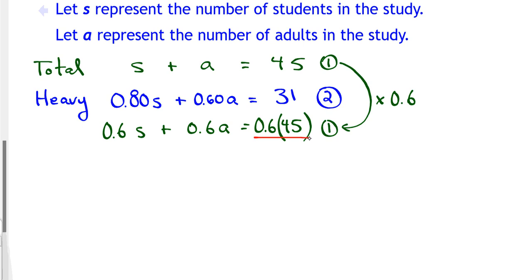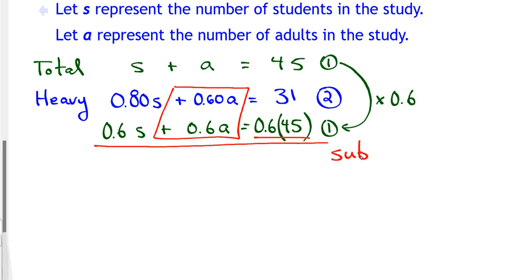So make sure each term on both sides of the equation get multiplied by that 0.6. Now I have matching coefficients with my A variable. They have the same sign, so I will subtract my two equations in order to eliminate the variable.